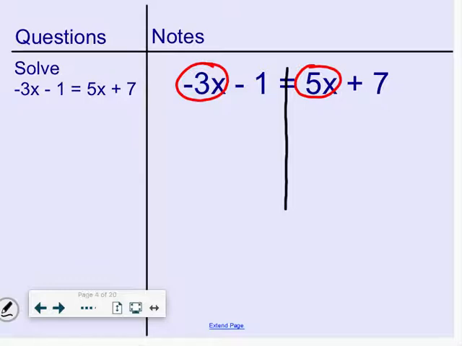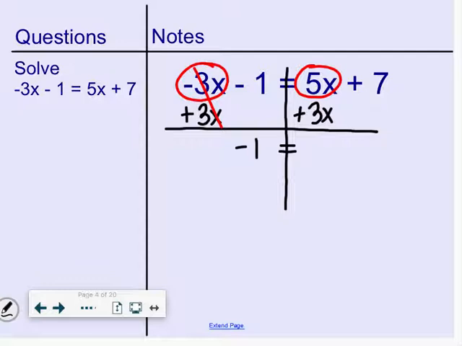Negatives are always smaller than positives. So to cancel out negative 3x, I need positive 3x on both sides. Now the resulting equation is negative 1, make sure you've got the negative on that 1, equals 8x plus 7.